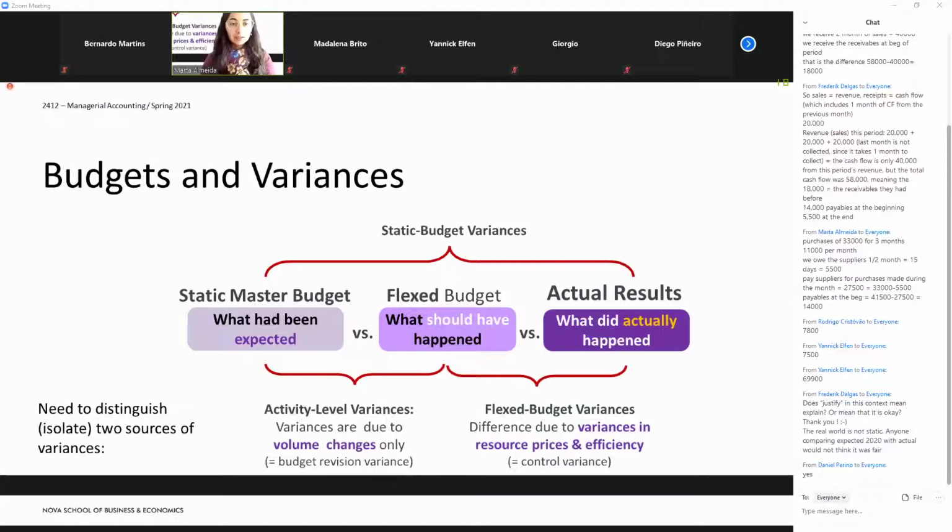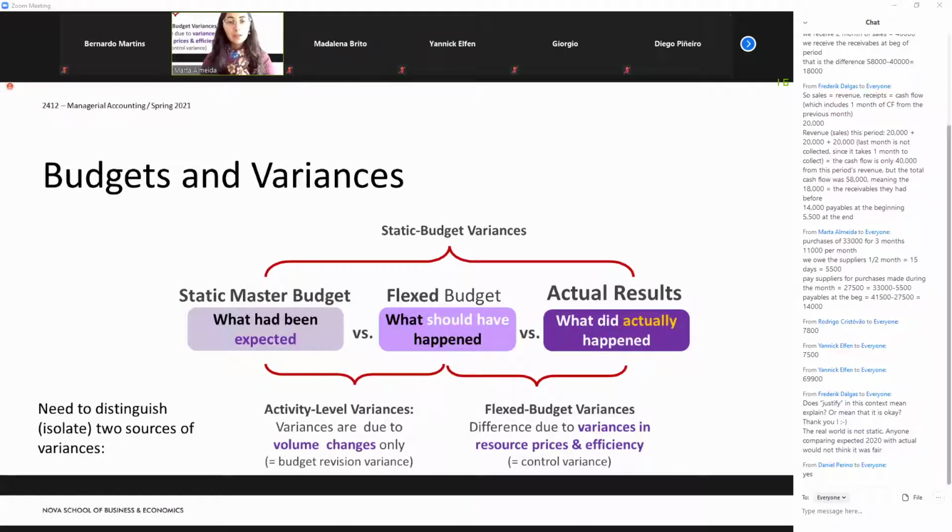The difference between the static budget and the flexible budget is in terms of activity level. In the original budget, we expected an activity level of 5,000 units, and now we actually had 6,000, and that is the level of activity that we use in the flexible budget.